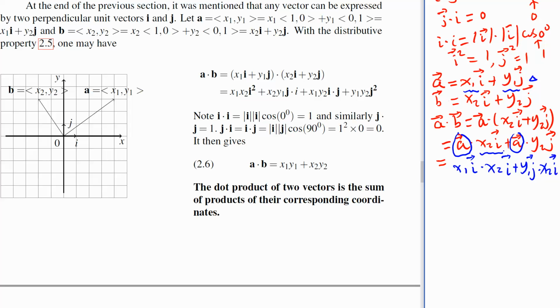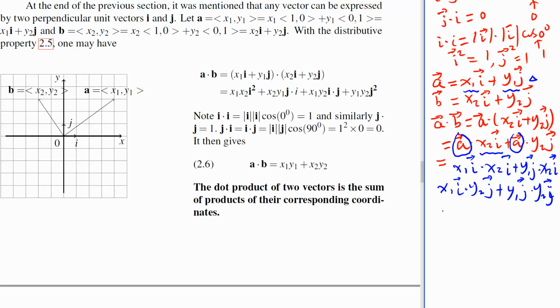Then we look, A is x1 I and then y1 J, then y2 J. So that will be x1 I times y2 J, and then y1 J times y2 J.